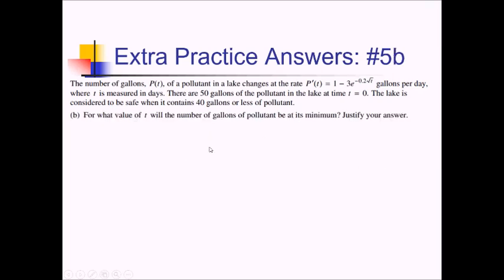For this part of the problem, they want to know for what value of t will the number of gallons of pollutant be at its minimum and justify our answer. So this is a little bit tricky because often when they ask for a minimum or a maximum, it's on a closed interval, but they did not give us a closed interval here. They did not say that this function was valid for 0 to some specific day. This is just valid apparently for all of time, out to infinity.